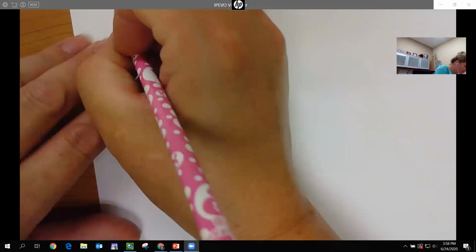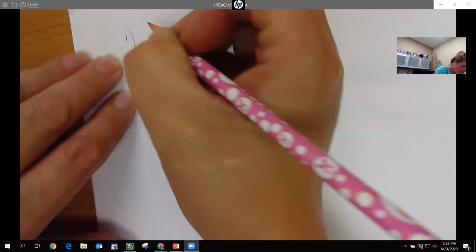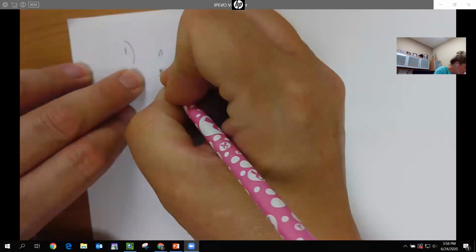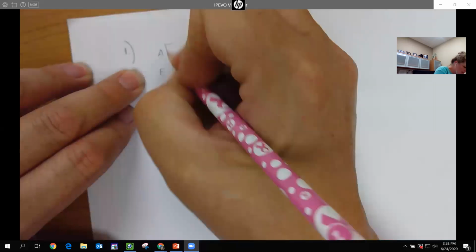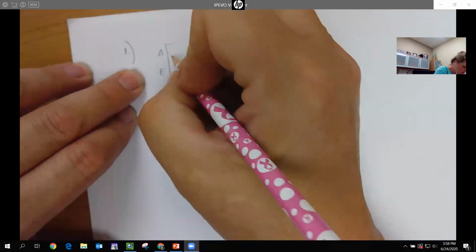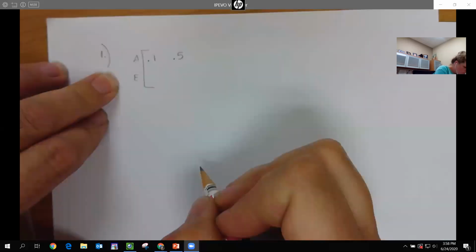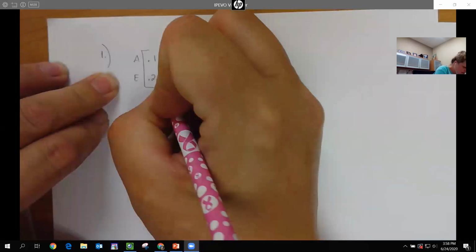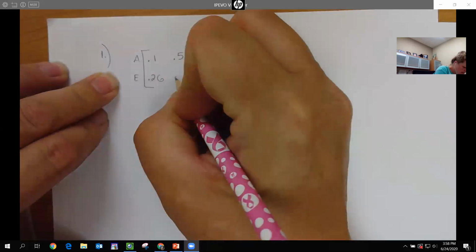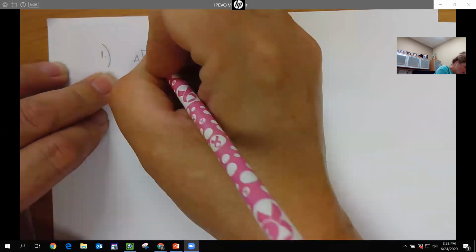What am I actually saying? If this is my first example, I'm going to call this A, this E, and I need 0.1, 0.5, 0.26, 0.3, and this would be A and E also.